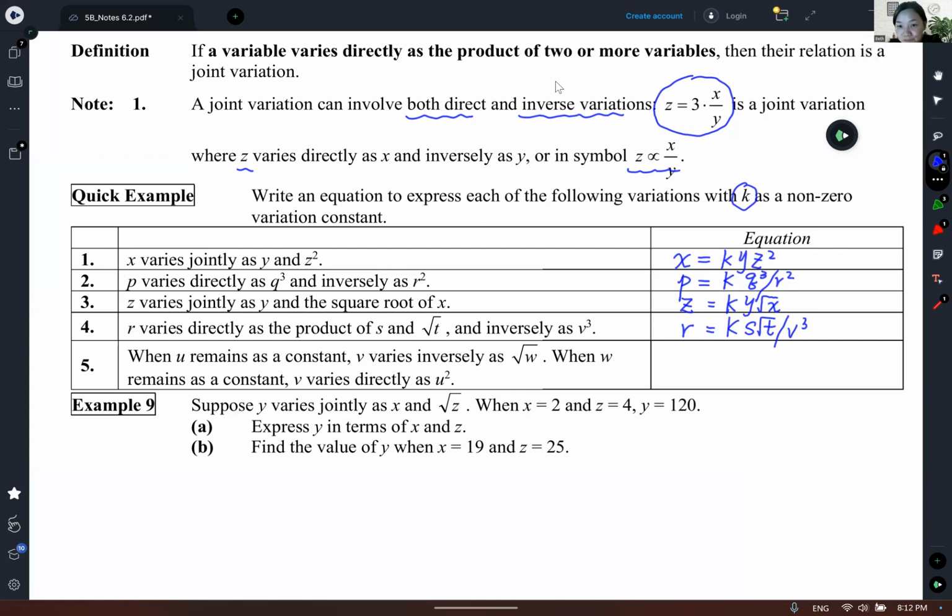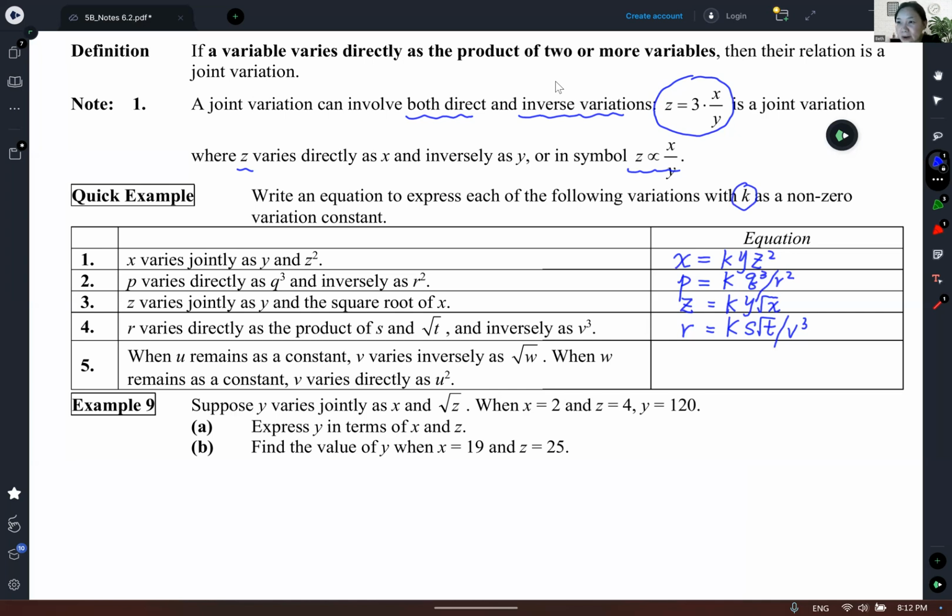Last example. Now this example is a very long sentence, but you have to understand what they're saying. It says that when U remains a constant, then V varies inversely as the square root of W. When W remains a constant, V varies directly as U squared.